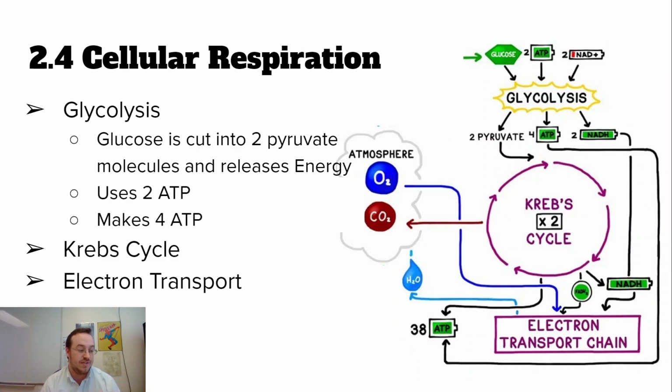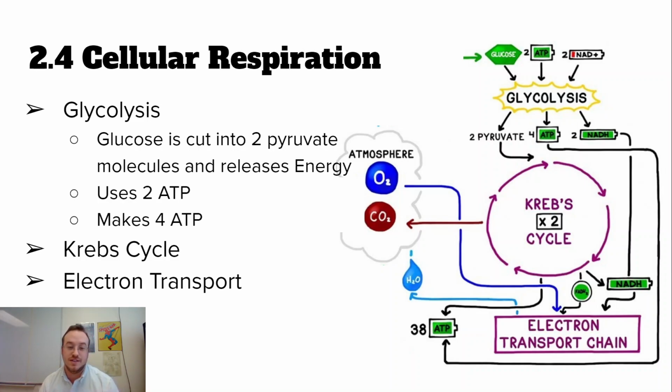All right, so we've got 32 total, right, from the Krebs cycle and the electron transport chain. We've got 4 from the glycolysis, and we've got 2 more being used for ATP.